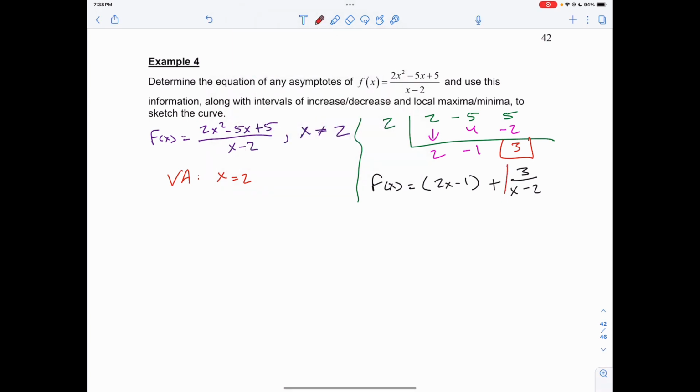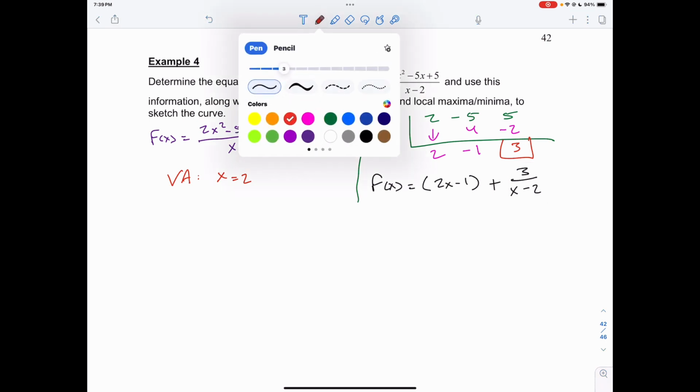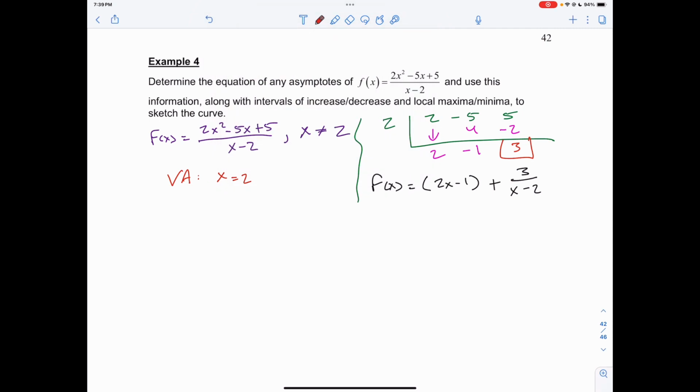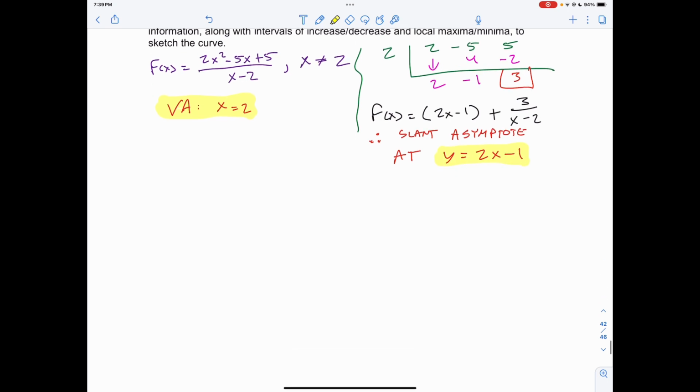Because as x approaches infinity, this would approach 0, I have a slant asymptote at y is equal to 2x minus 1. All right, there is our first piece.